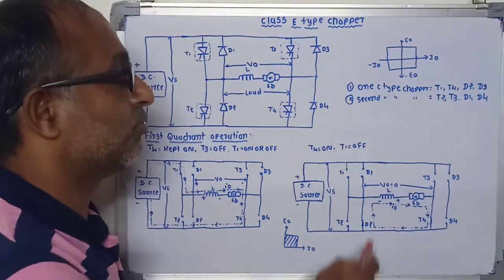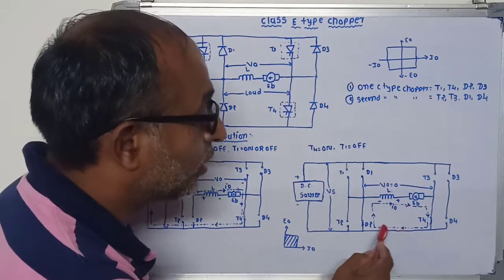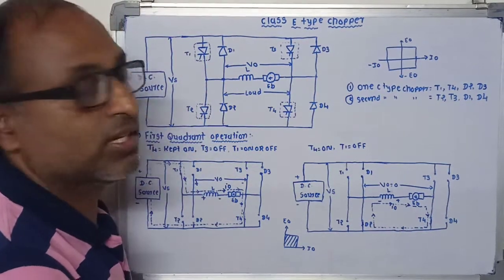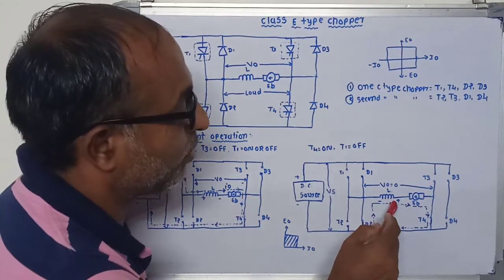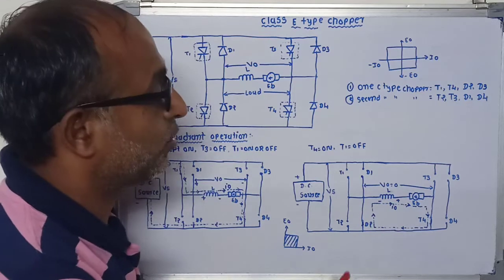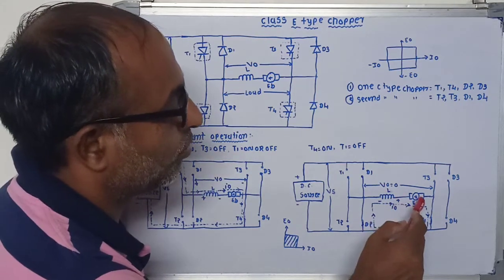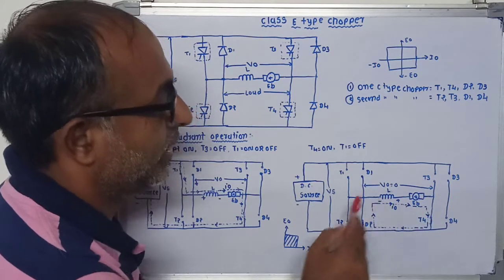Due to this reverse voltage, the diode D2 will turn on, acting as a short circuit, and current starts to flow from inductor to motor to T4 and diode D2 and then inductor.